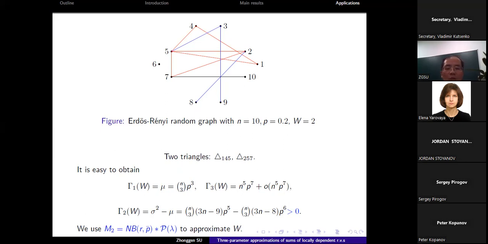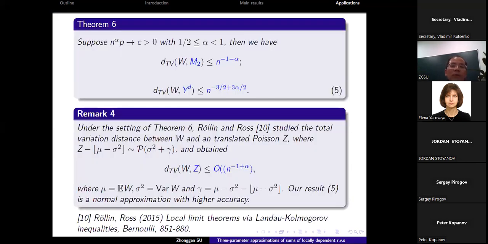So we use M2 to approximate W. Assume n to the power alpha times p goes to a positive constant, alpha is bigger than 1/2, less than 1. Then we have the total variation distance between W and M2 is less than n to the power 1 minus 1 minus alpha. It is much better than the result in literature.